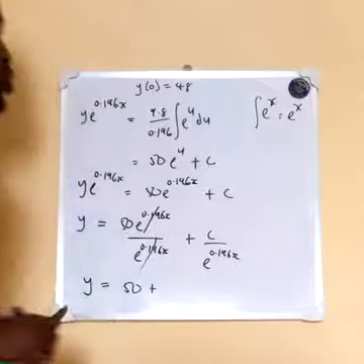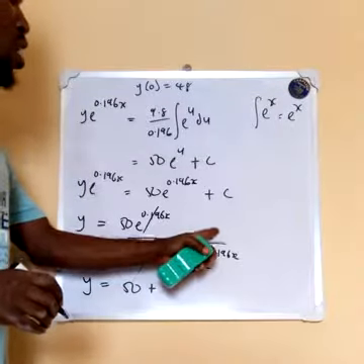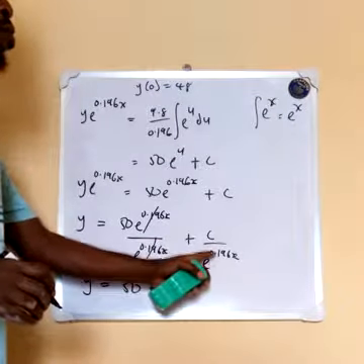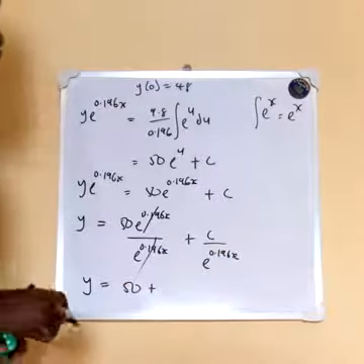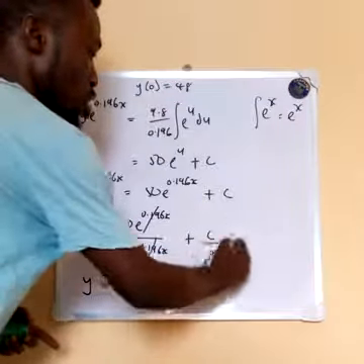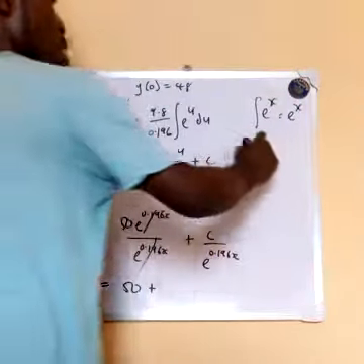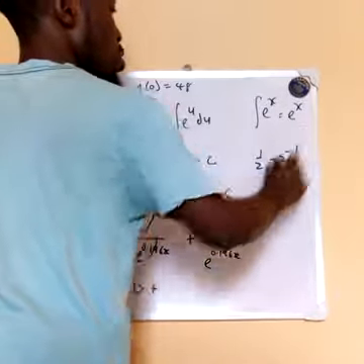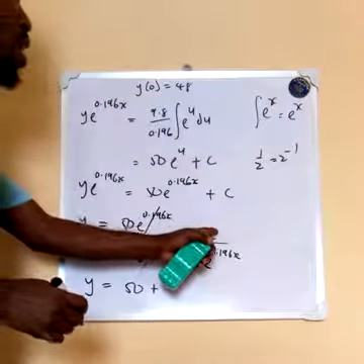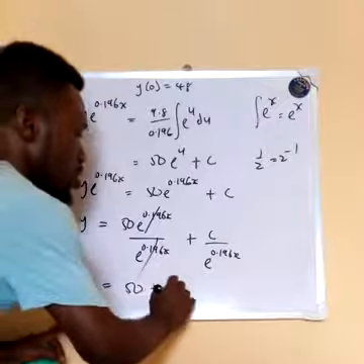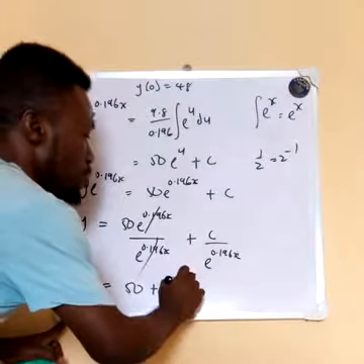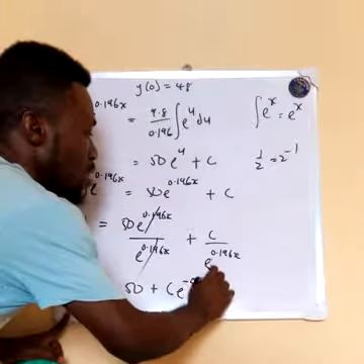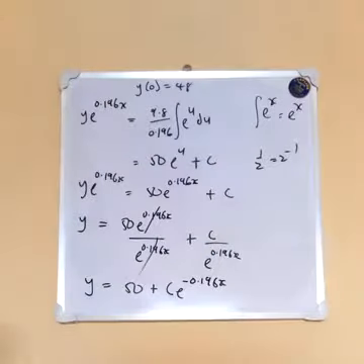So plus, look at it now. There's 1 over e raised to power 0.196x there. So when you simplify the function here, you simplify completely. When you have 1 over 2, it is 2 power minus 1. So the 1 over here will now become c e^(-0.196x). That is what we have.